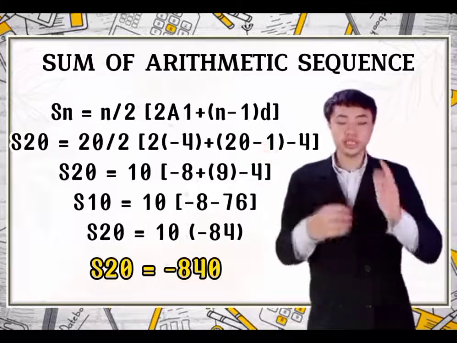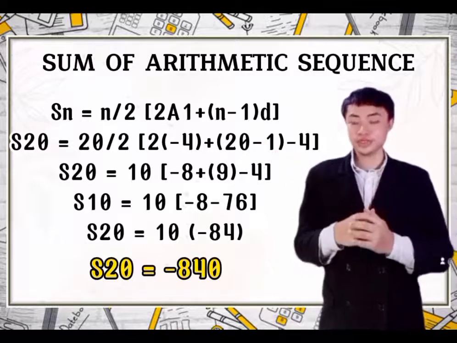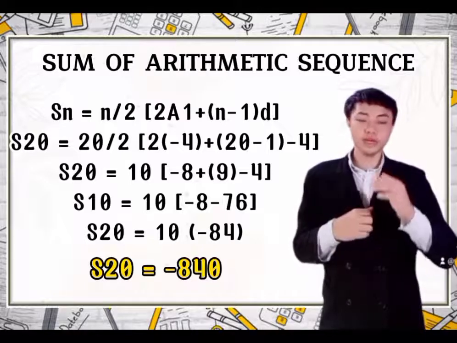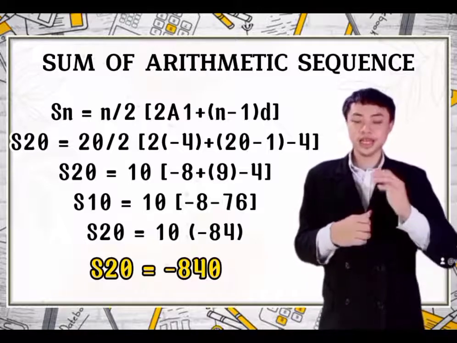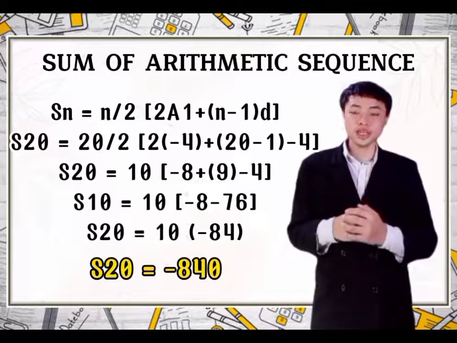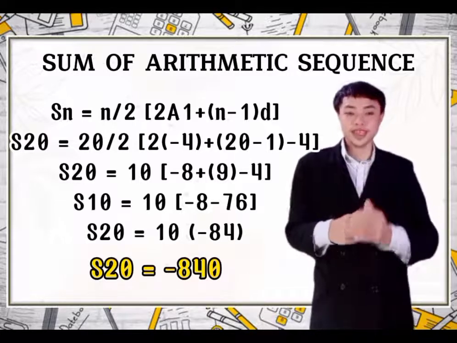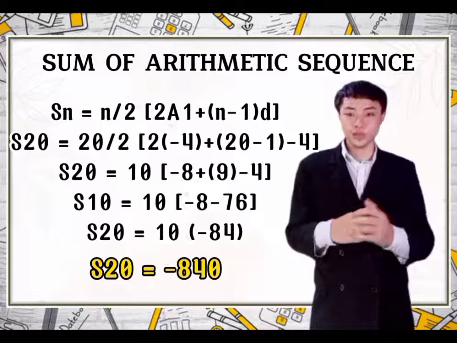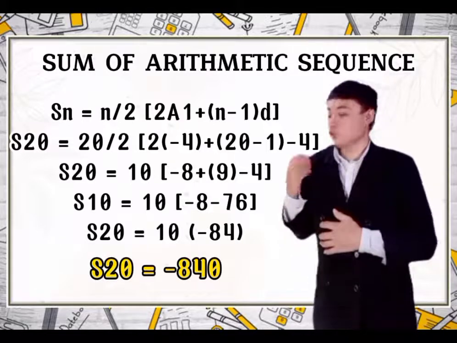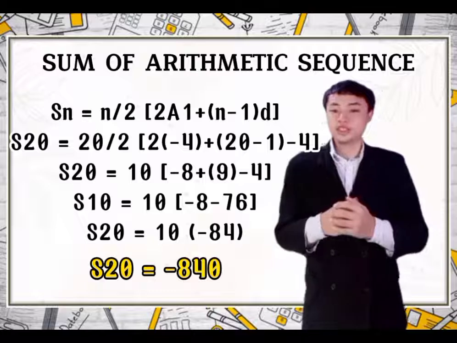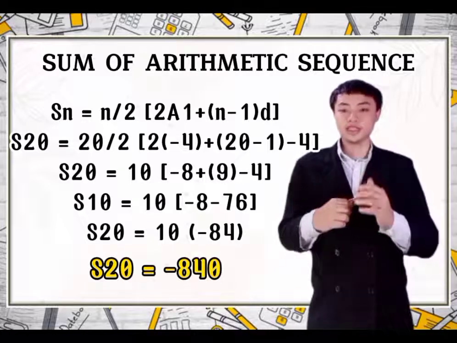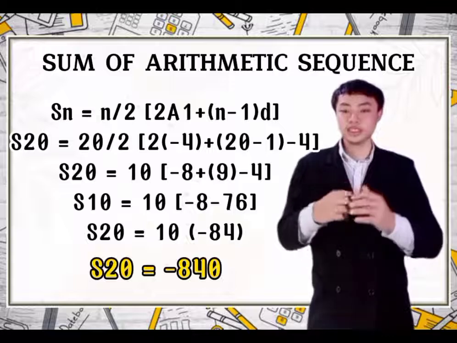S of 20 equals 20 divided by 2, which is 10. 2 times negative 4 is negative 8, plus 20 minus 1, which is 19, times negative 4, is negative 76. So S of 20 equals 10 times negative 8 plus negative 76, which is negative 84.